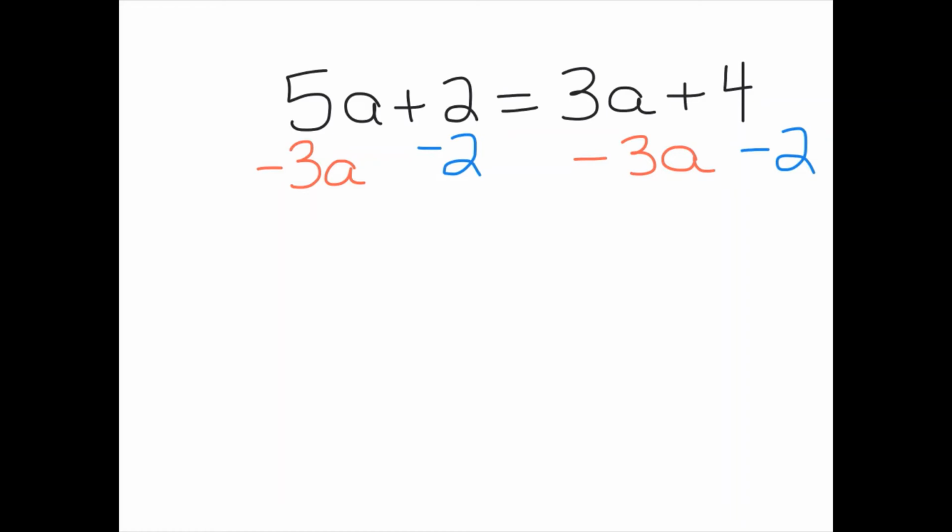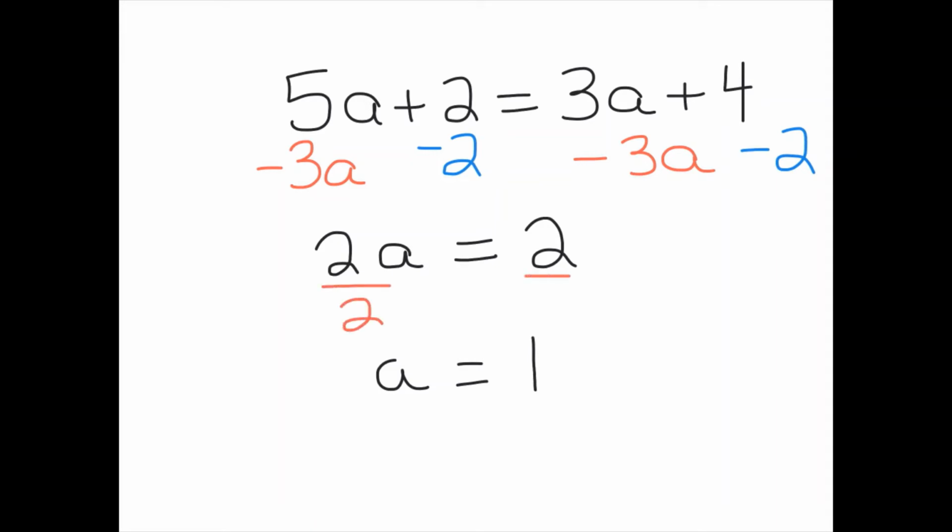What that left me with was 2 apples was equal to 2 tons. And then it was easy to understand that 1 apple was equal to 1 ton. What we did here to figure that out was we divided both sides by 2.